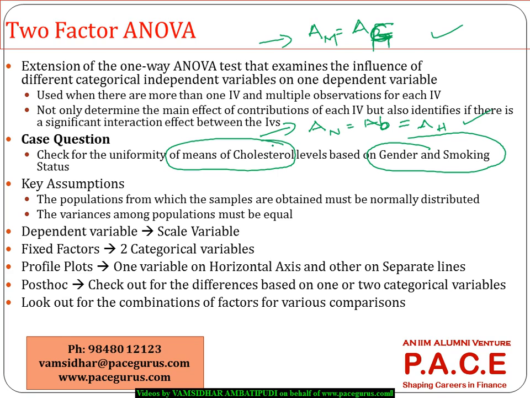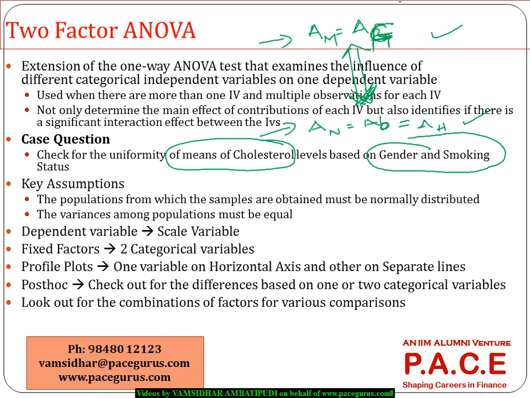But when I am considering it as a two-factor ANOVA, I am also looking at the kind of interaction that exists between gender and smoking status. It may so happen that a male heavy smoker may have a completely different average compared to a female heavy smoker, or a male heavy smoker has the highest average whereas a female non-smoker has the highest average. Some different kinds of things could come out when I am taking the combination of the two independent variables.